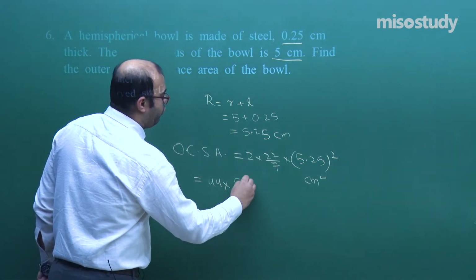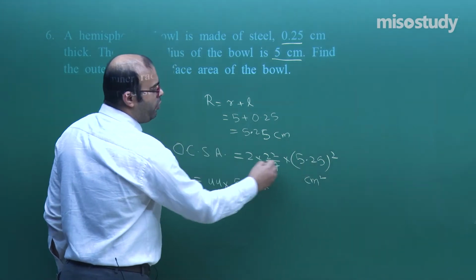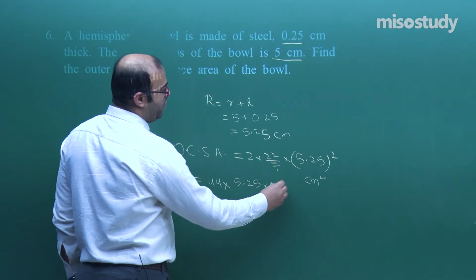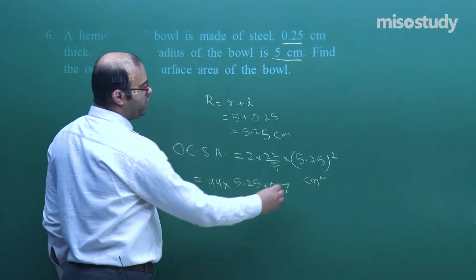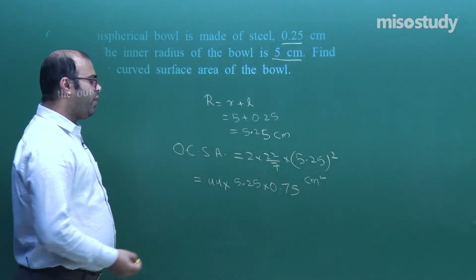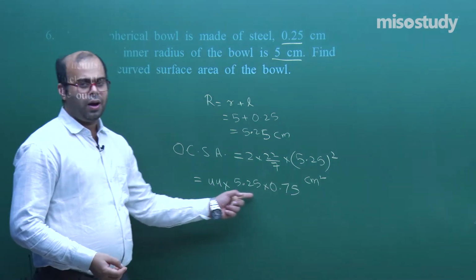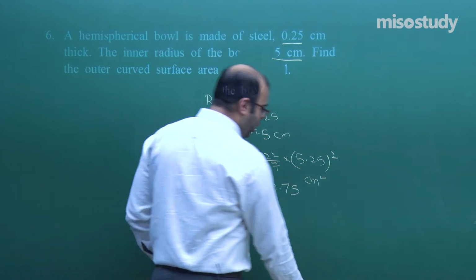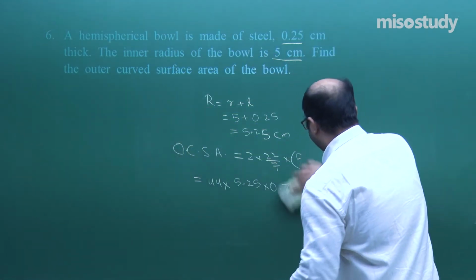Let us keep 5.25 and another 5.25 when divided by 7. Let us see what it gives. Now you can easily calculate this part. I am not calculating. That will give you the outer curved surface area of the hemispherical bowl.